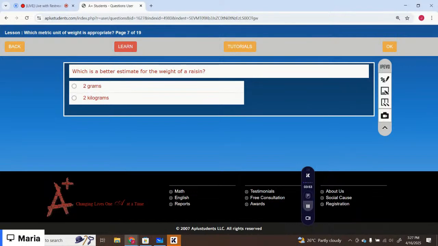Which is the better estimate for the weight of a raisin? That is 2 grams, right?